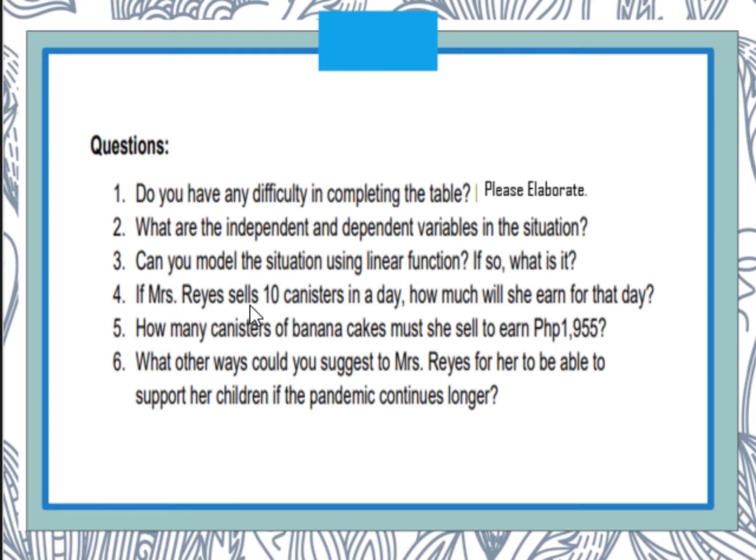If Mrs. Reyes sells 10 canisters in a day, how much will she earn for that day? How many canisters of banana cakes must she sell to earn 1,955? What other ways could you suggest to Mrs. Reyes for her to be able to support her children if the pandemic continues longer?